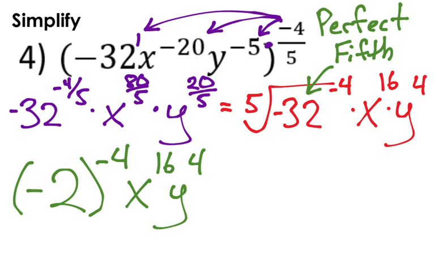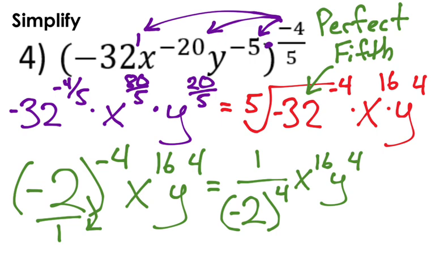And okay, the rest of the problem. So the perfect fifth makes the -32 become -2, and then you have the -4th power is still there. So the last thing you need to do is the negative exponent flip and switch rule. Put a 1 underneath that and flip the -2 to the denominator.